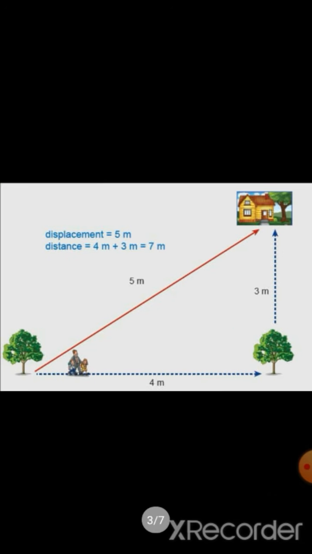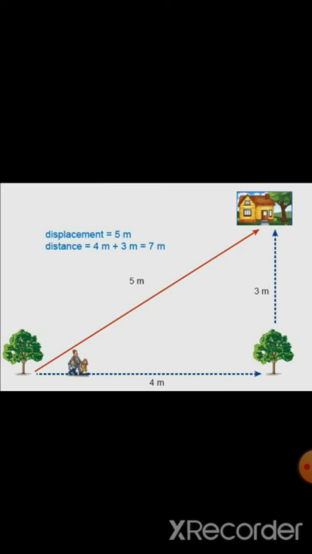Now, let us see this slide where a person has to reach his house. He has two different paths to reach home. One path is shown by a blue dotted line with an arrow.